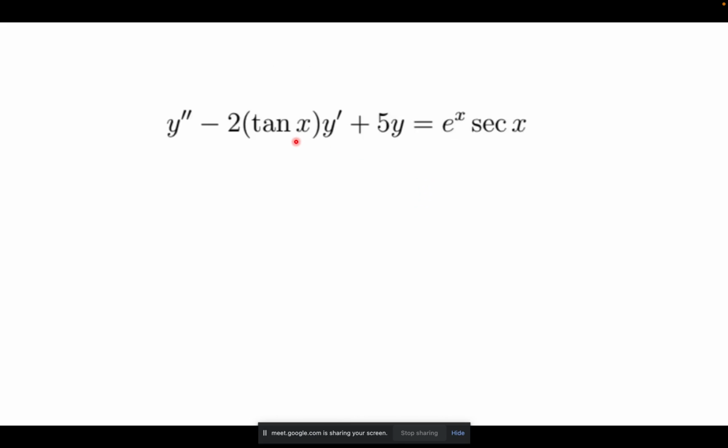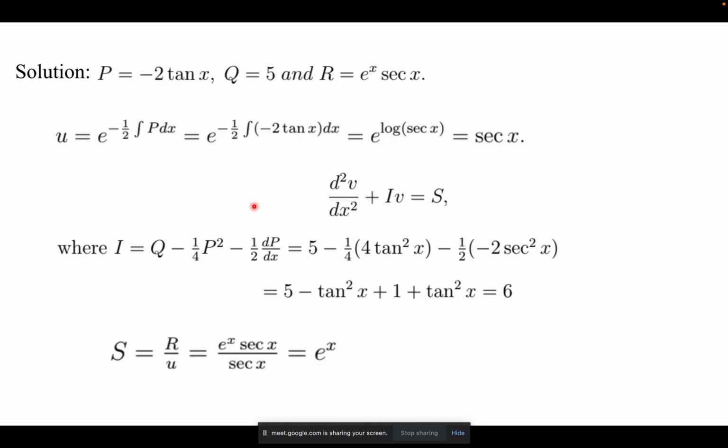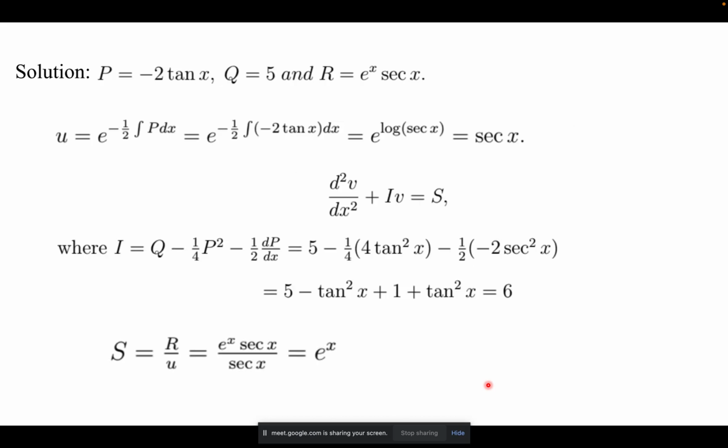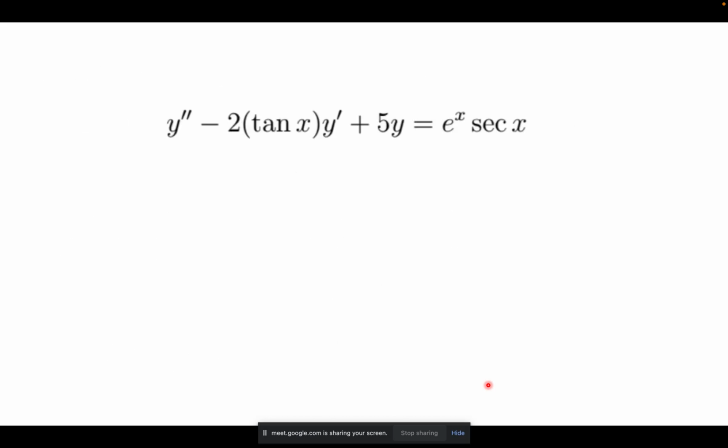As I am saying again, this equation was appearing a little different, but once you use the method of change of dependent variable, this equation reduces to this form, and this type of differential equation you have already solved in the second week of the mathematical methods course. So the general solution can be written in this form. So this is all about this problem.